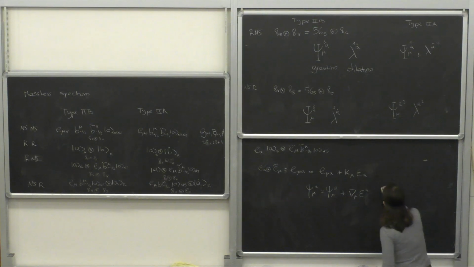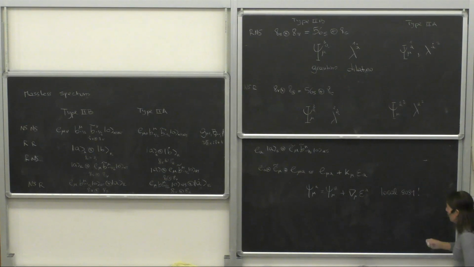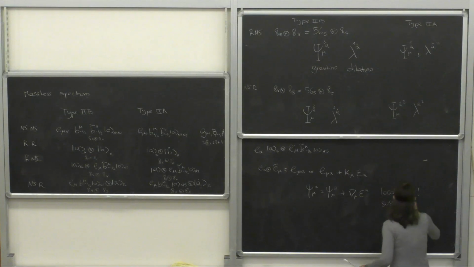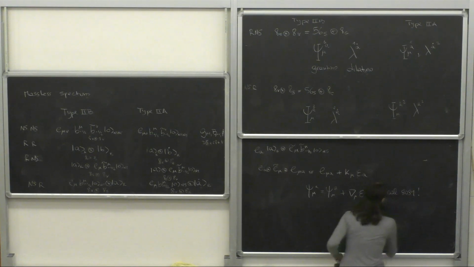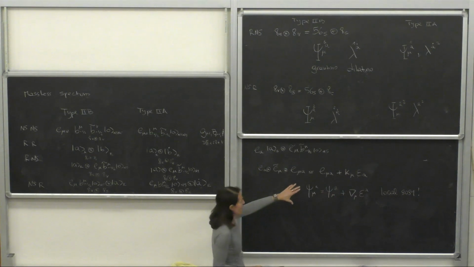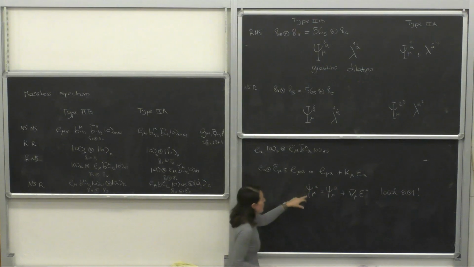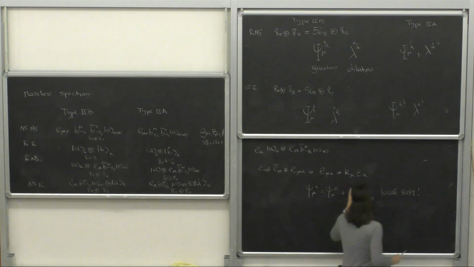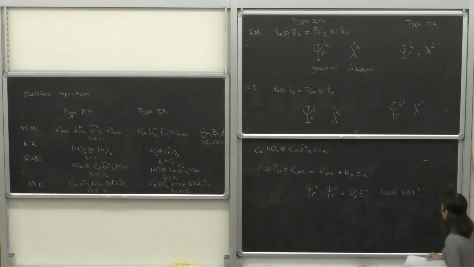So this means that we have local supersymmetry. Well, first that we have supersymmetry in space-time. Well, this we know. We knew that we had supersymmetry in space-time. But the fact that we have gravitino and its transformation, or its gauge redundancy, this transformation and the supersymmetry is like this, means that we have local supersymmetry.